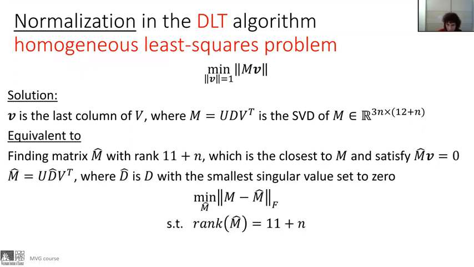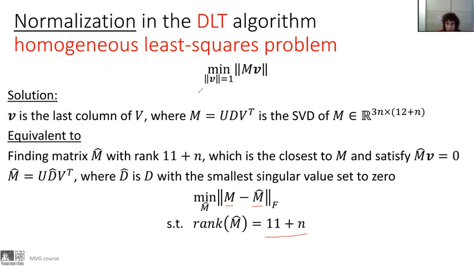But actually, this constrained optimization problem can be written like this. I have a matrix M. This is the original matrix, and I'm looking for another matrix, M hat, which will be as close as possible to the matrix M, such that the new matrix will have rank 11 plus n. In this way, I will have something in the null space of M hat, and then I can solve the problem.